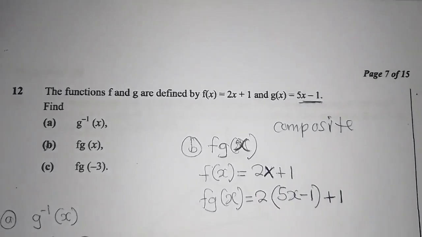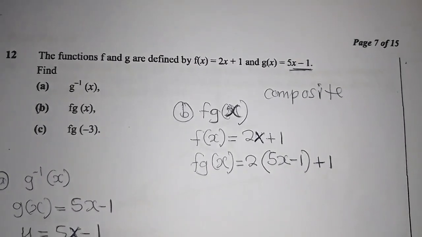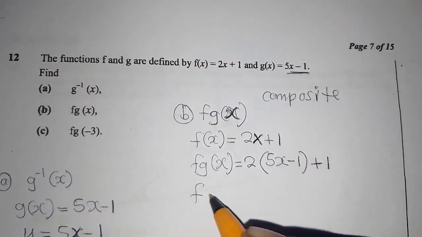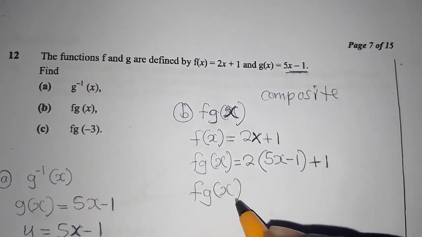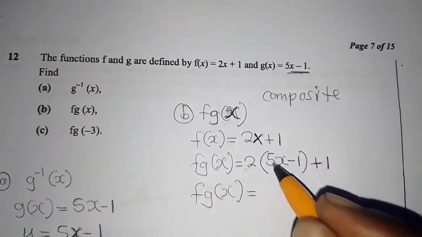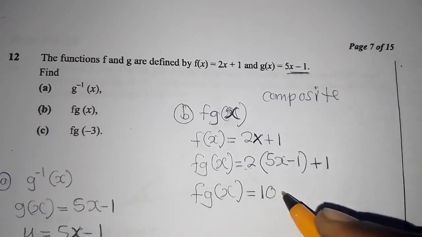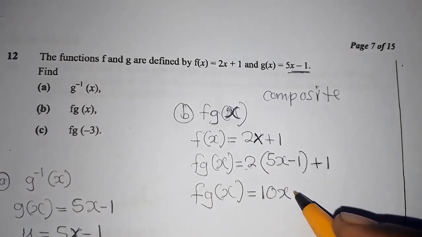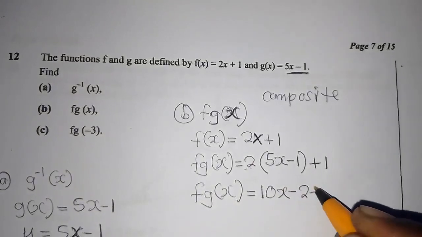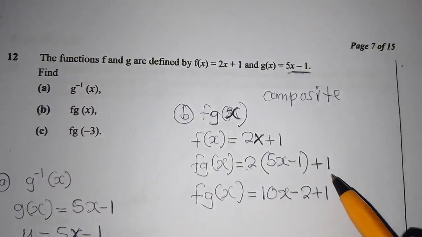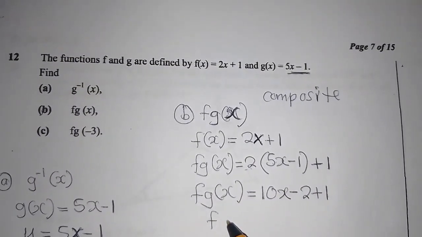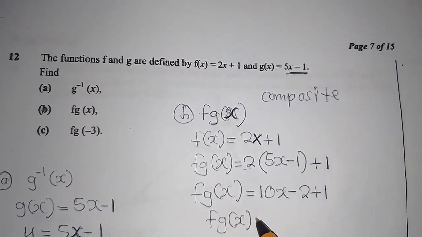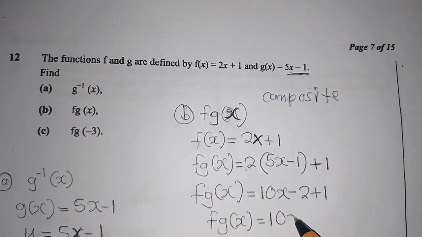I continue from here where I'm going to say fg of x is equal to 2 times 5x, it is 10x. 2 times 1, it is negative 2, plus 1. Have you seen? Then finally, fg of x is equal to 10x.